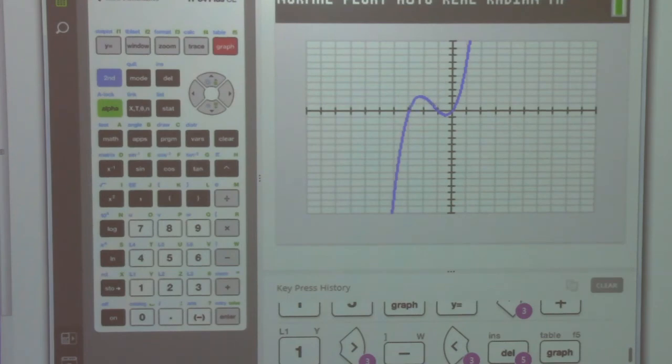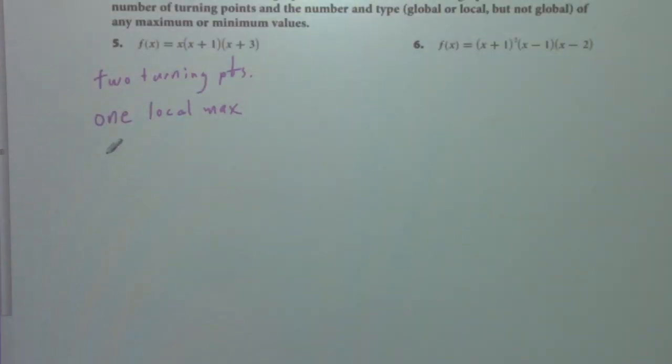Yeah. Okay, and how many local minimums do we have here? 1. Do we have any global maximum or minimum values? No. So no global max or min, right? Yep. Okay, so that's that one.